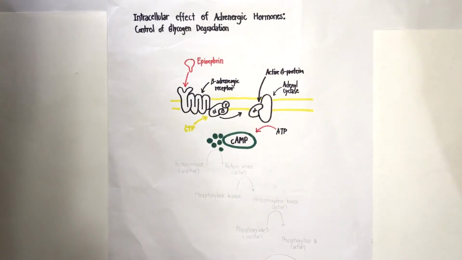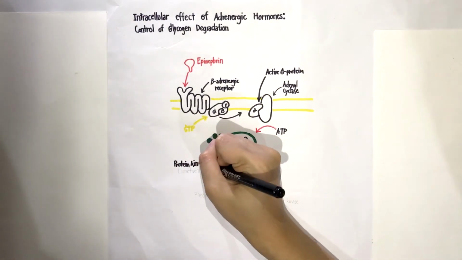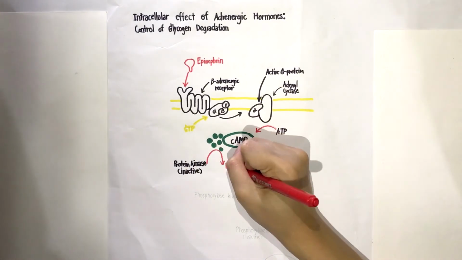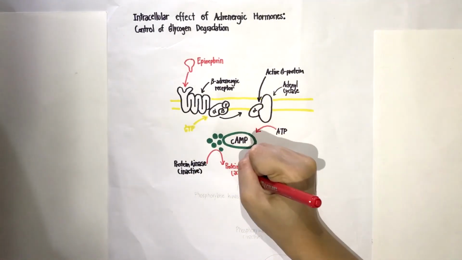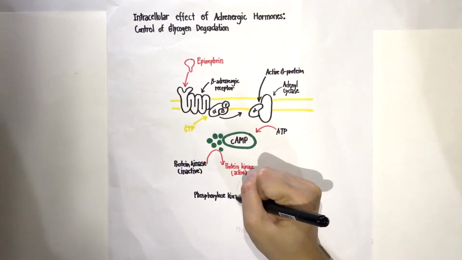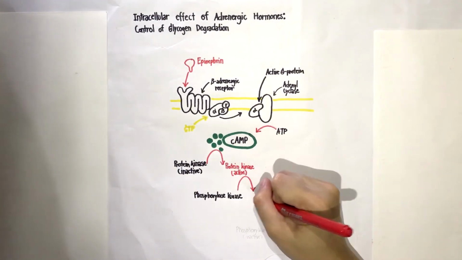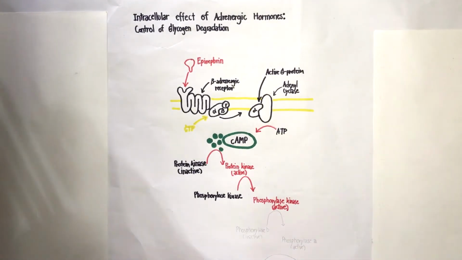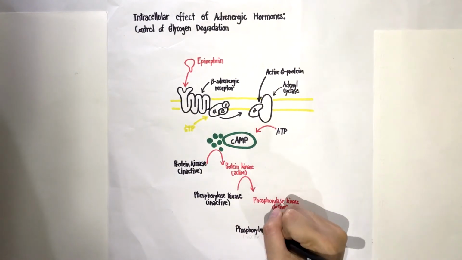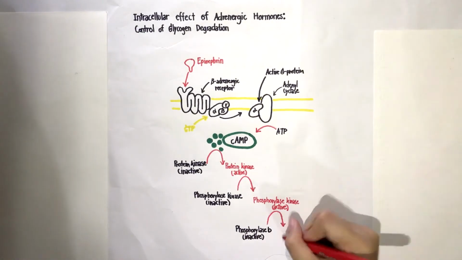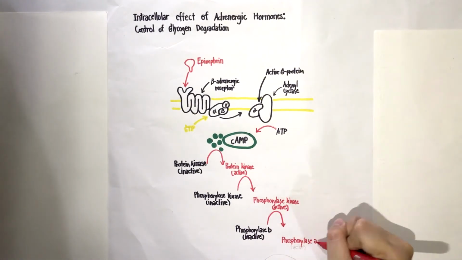The receptor activates a neighboring Gs protein, and the Gs protein in turn stimulates adenylyl cyclase, which generates cyclic AMP from ATP. The resulting transient increase in the concentration of cyclic AMP in the cytosol activates protein kinase A. Protein kinase A then activates another cascade that begins with the phosphorylation of the enzyme phosphorylase kinase.